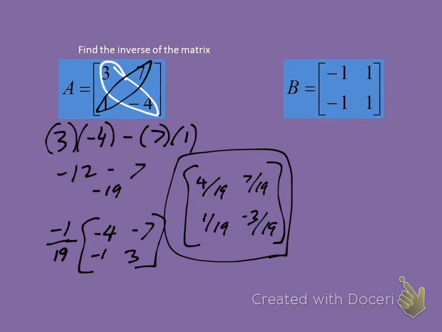All right, for B. B equals -1, 1, -1, 1. So find its determinant. We go -1 times 1 minus 1 times -1. Turns into -1 minus -1. What is -1 minus -1?